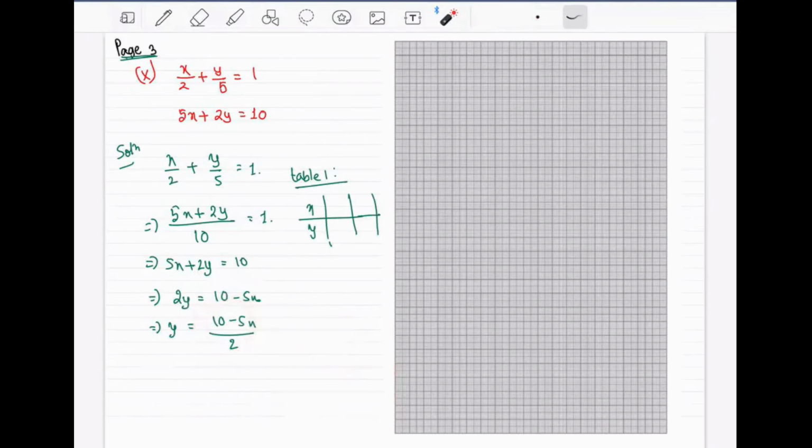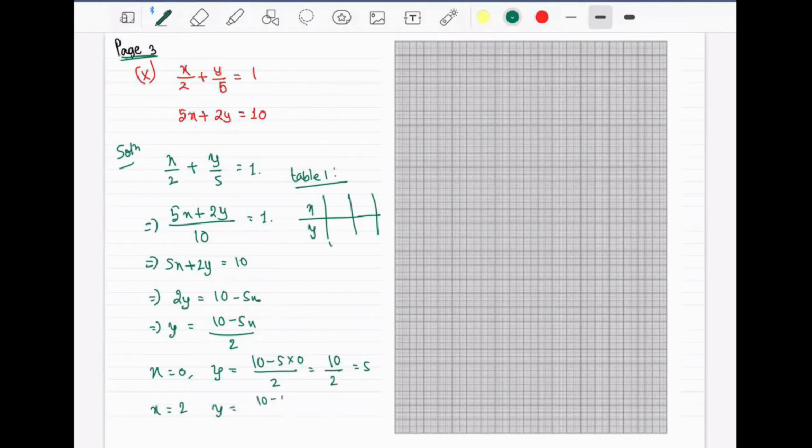Okay, so if I take x is equal to, let's say 0, what will the value of y be? Y is equal to 10 minus 5 into 0 divided by 2. So we have got 10 by 2, right? 5 into 0 is 0, so 10 minus 0 is 10. 10 by 2, how much is it? This is equal to 5. What if I take x is equal to 2?